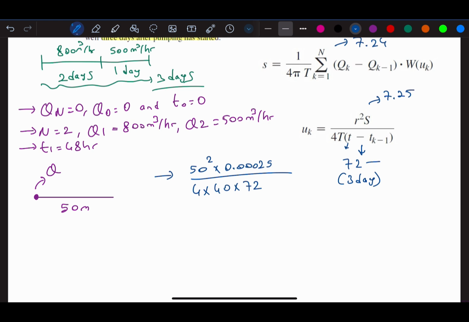Minus we have T minus T(k-1). And here when we say k, this will be the first segment. So it says total duration minus T0. It was 0, so we will use 72 here.